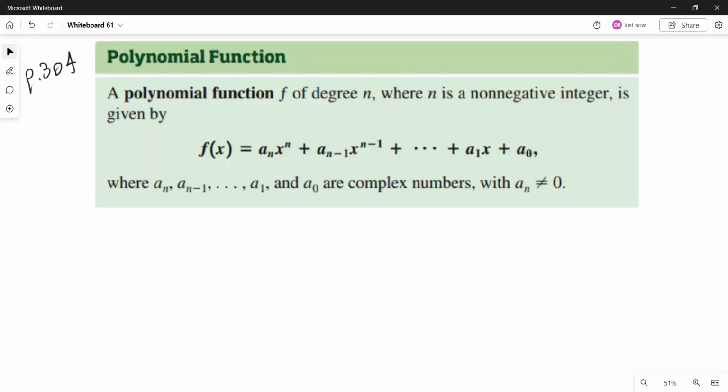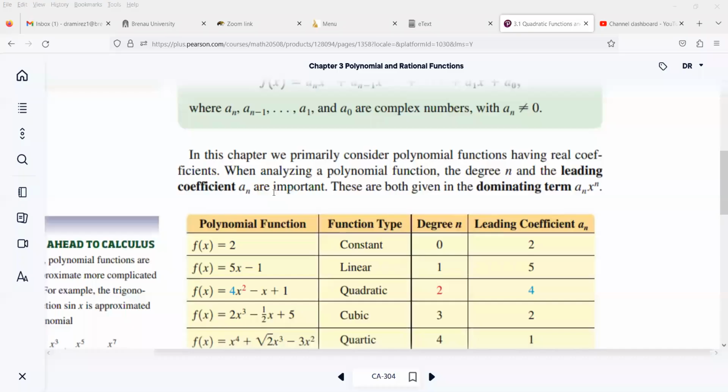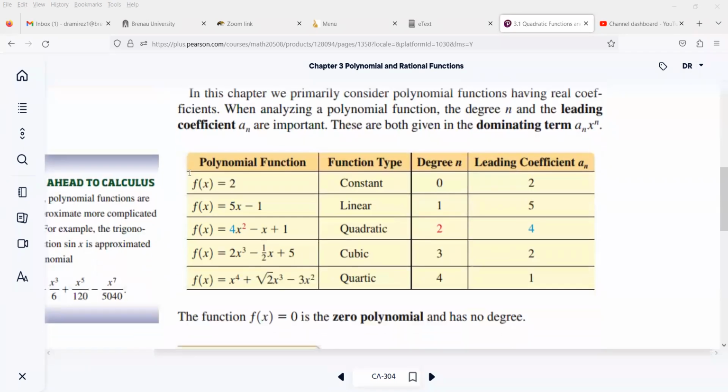So those can be polynomials with real coefficients. And next, in this chapter, we primarily consider polynomial functions having real coefficients. When analyzing a polynomial function, the degree n and the leading coefficient are important. These are both given in the dominating term a_n x^n. So I'm going to copy that.